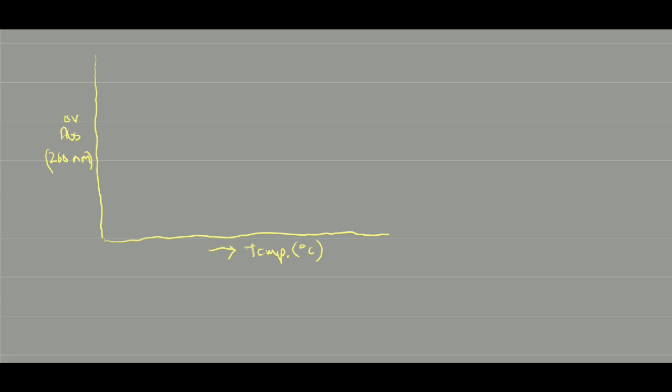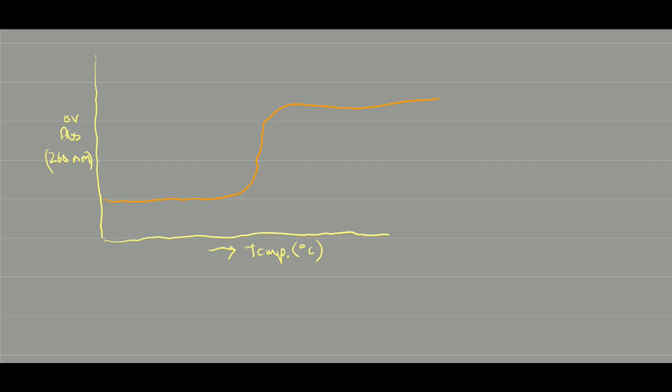And typically what you would see is the UV absorbance increases as the temperature rises. However, it does not increase steadily. There's a kind of step in it. So a typical UV melting curve would look like that.